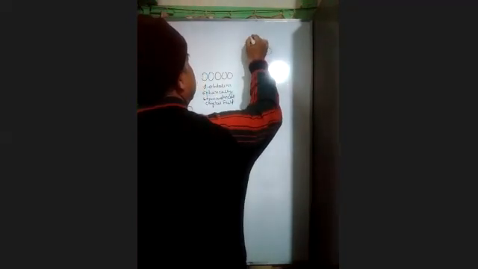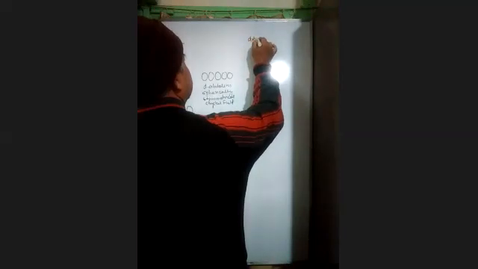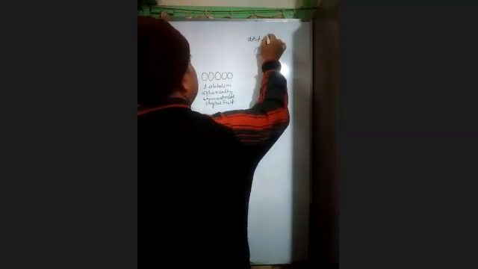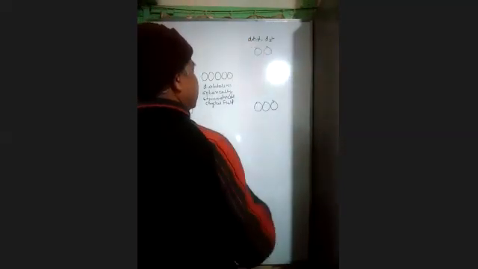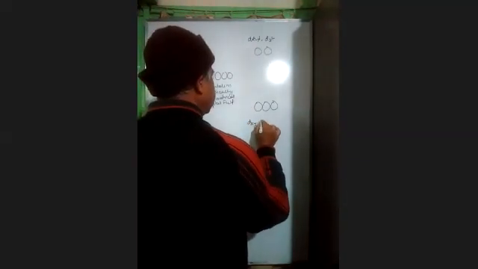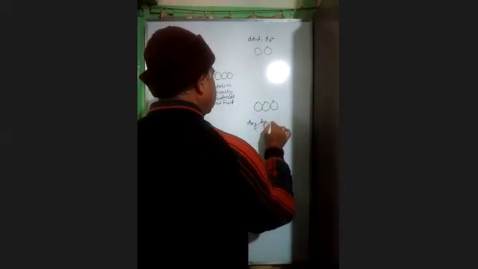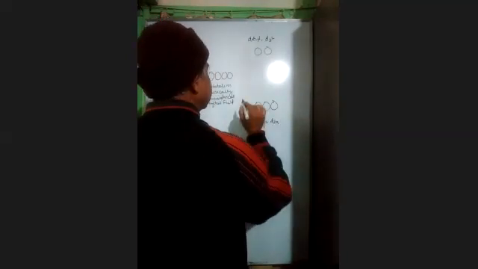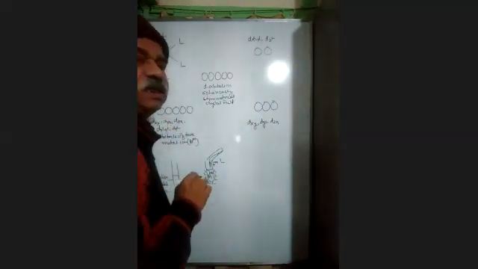What are those orbitals which have faced repulsion? These are dx square minus y square and dz square. And which did not face any repulsion? dxy, dyz, and dzx. See, now the energy is no longer the same.